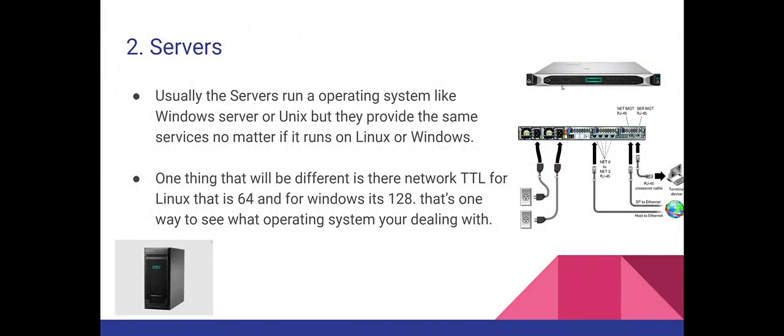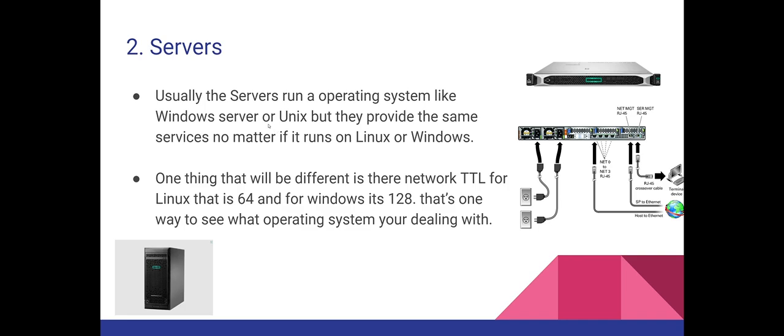As you can see here, this is an example of a blade server, or rather a rack server. That's what I meant. Sorry. And you can see a regular server. About operating systems, obviously they use Windows Server or Unix, but they provide the same services. So for the networking guys, it doesn't really matter.